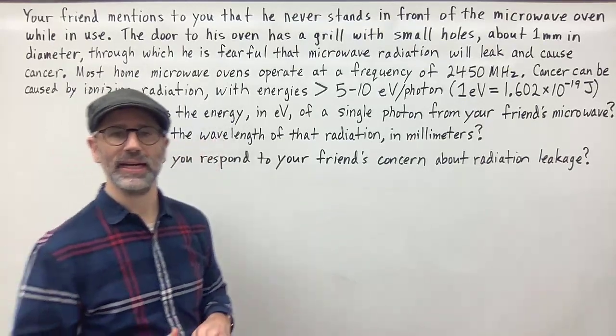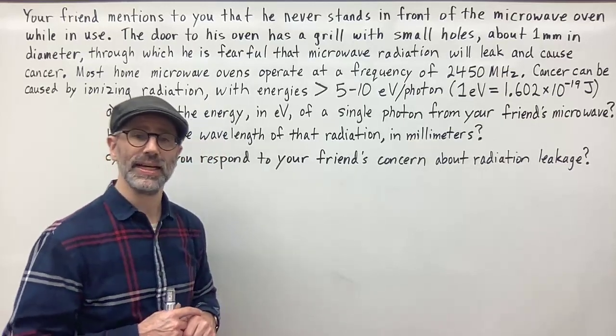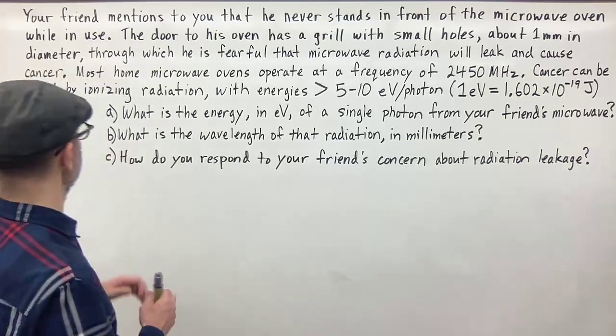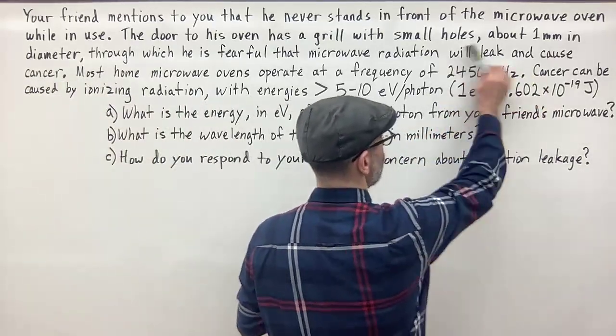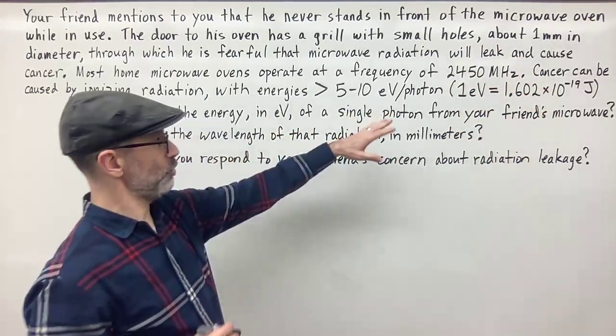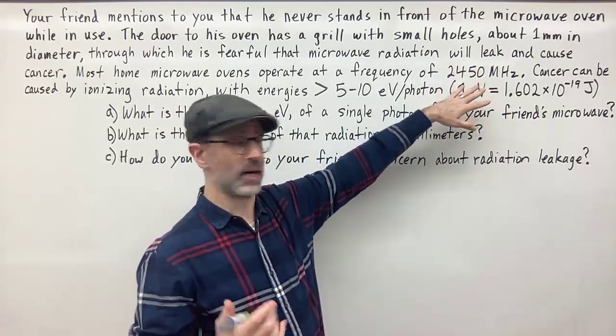We need to calculate the energy of one photon in electron volts. They're telling us that most microwaves have this as their frequency, so we can use this as the friend's microwave.